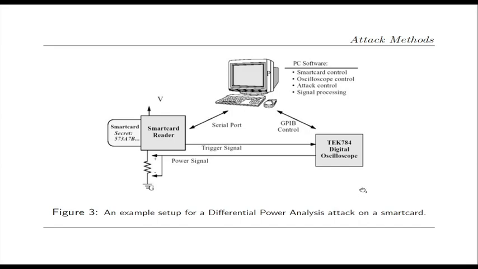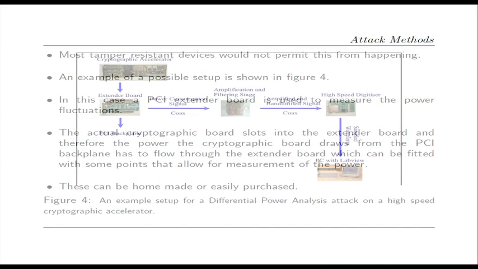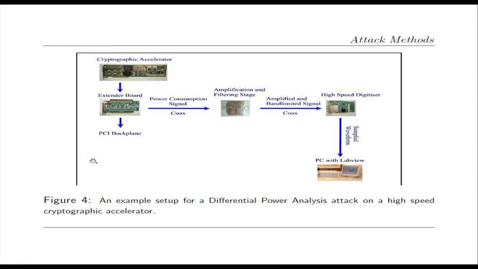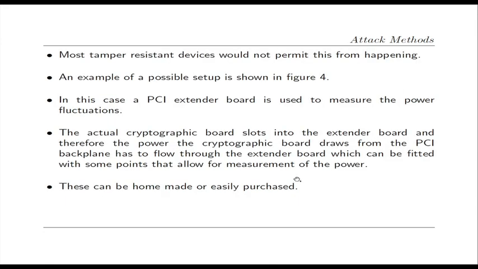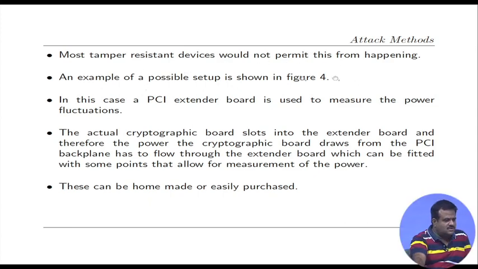Power analysis attack on a smart card is simple, but this one is a little more complicated because it may take power from the PCI. Ultimately the signal is going to the PC to analyze. This is the figure we have seen.